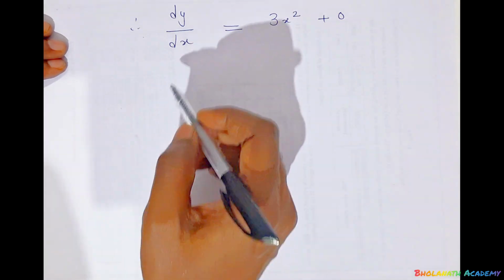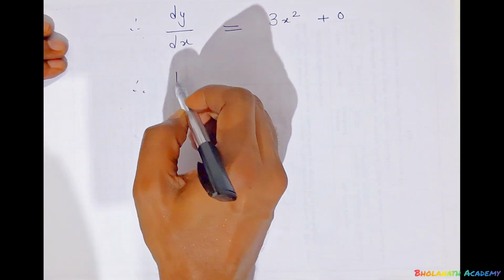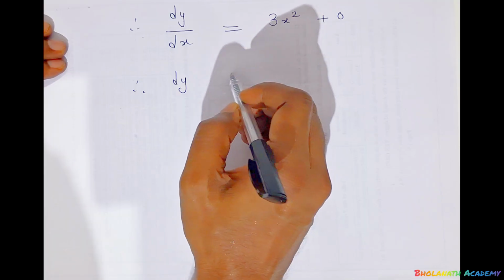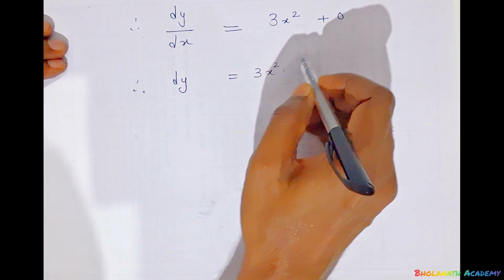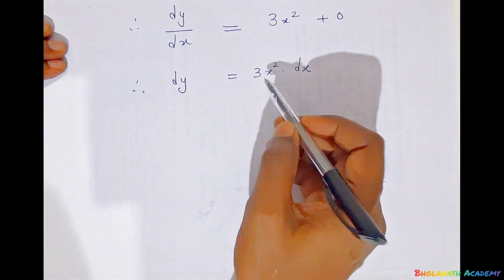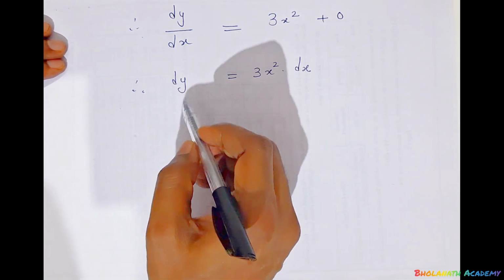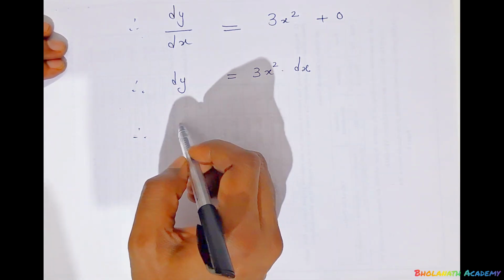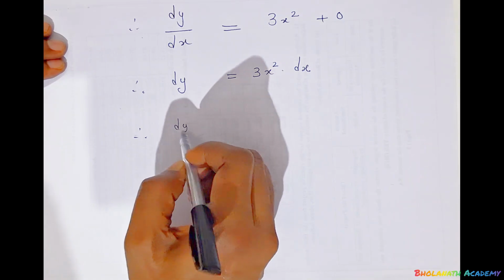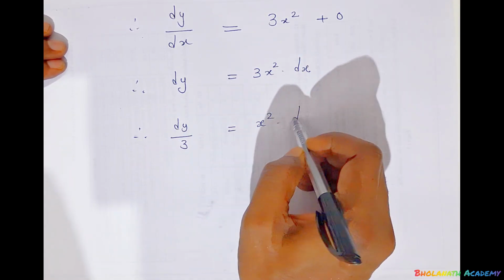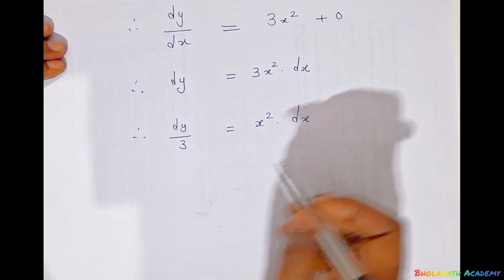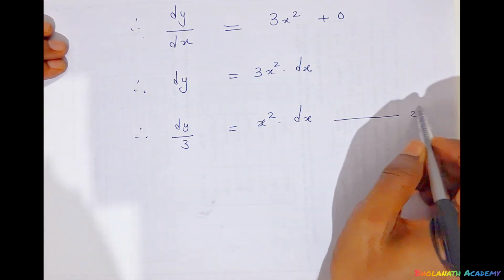Therefore dy is equal to 3x square dx. Now this constant number you can put on this side, so dy upon 3 is equal to x square into dx. This is equation number 2.